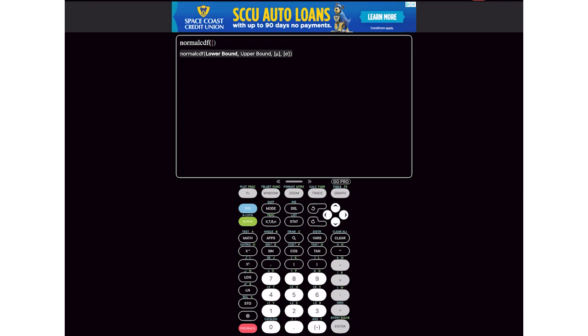Let's say our lower bound is going to be the 10.57. That means our upper bound is going to be 100. And then the mean is 0, standard deviation 1. And then hit enter. And it's telling us that it's basically a 0.